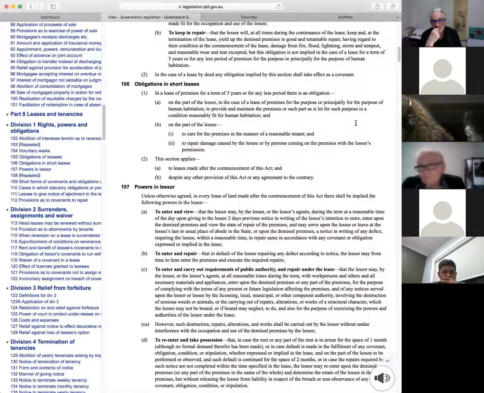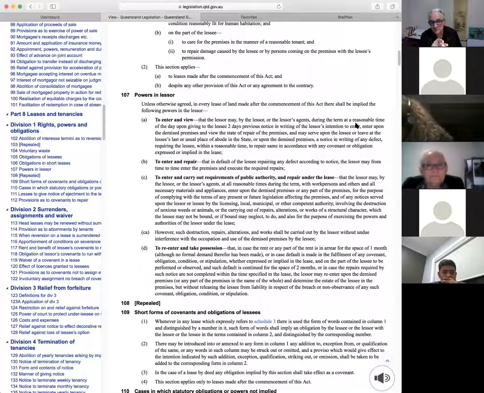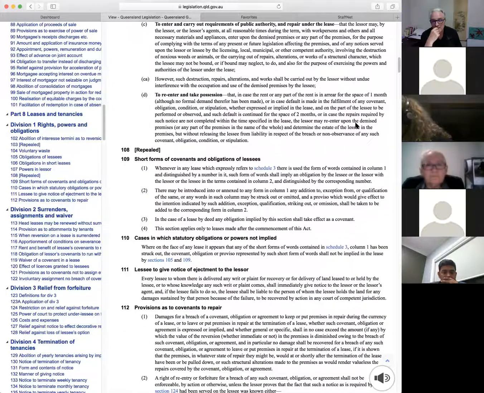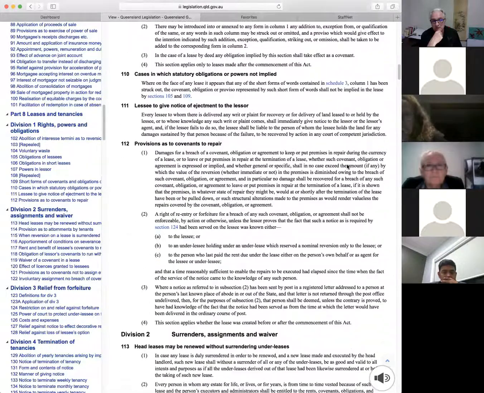Then we've got the power of the lessors to enter and repair. These are the matters dealt with under the legislation. Very typically, these are the implied covenants coming from legislation, short form covenants and various other matters.